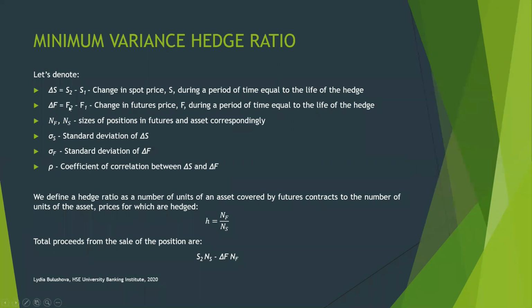We sold it at F sub 2. The difference between these two prices, delta F, multiplied by the number of futures contracts, that's what we pay, and that's what we earn from our position.